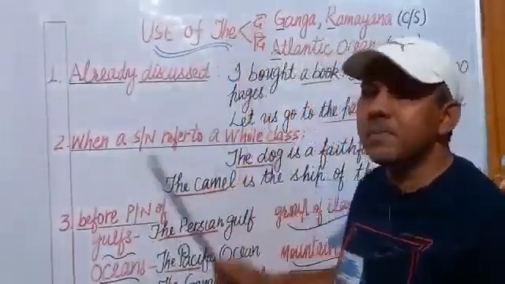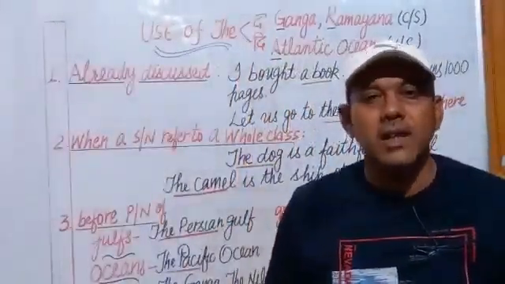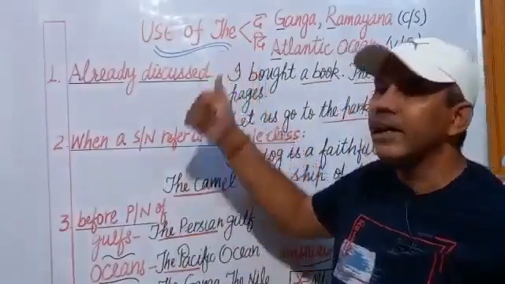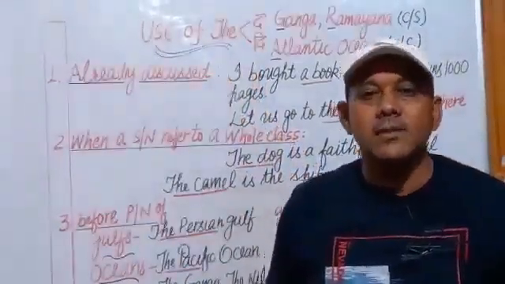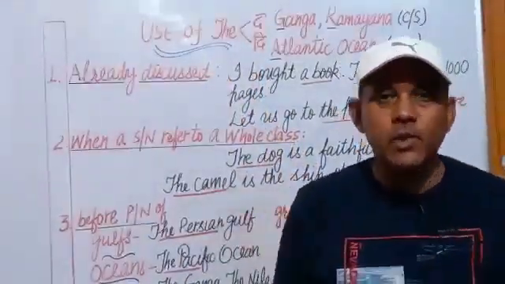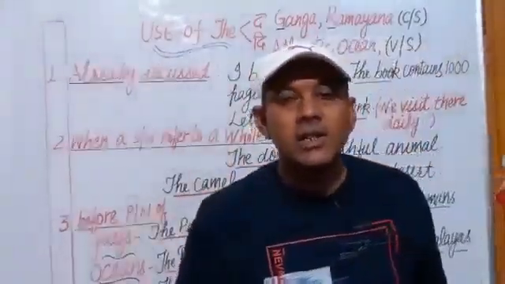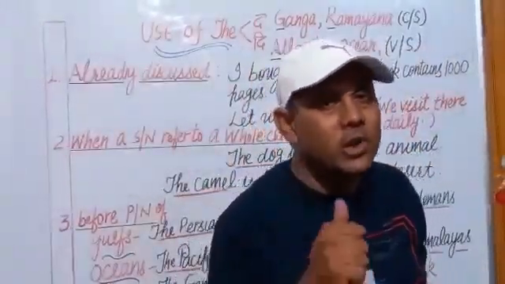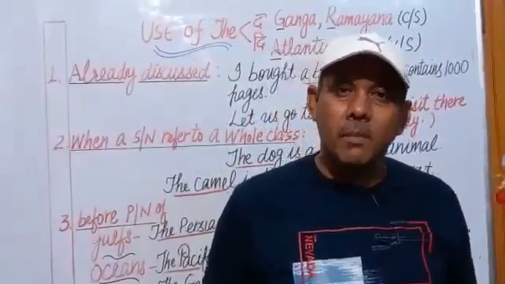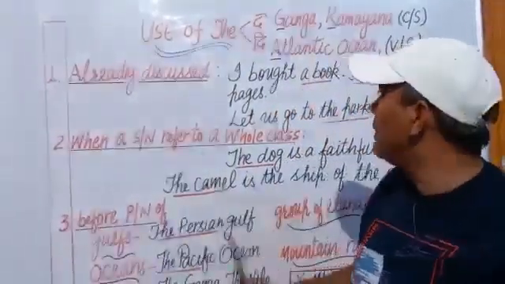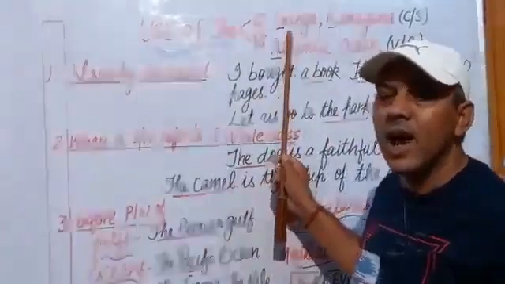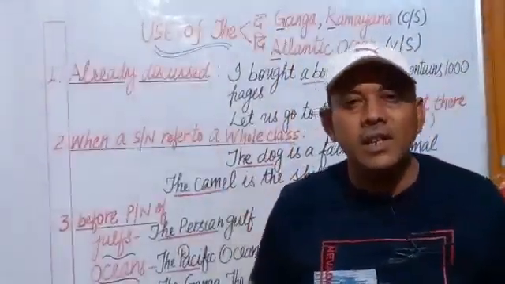It is sometimes pronounced as thee and sometimes it is pronounced as thuh. So don't be in confusion. Both the pronunciations of the word the are absolutely correct. But it depends upon the following word after the.